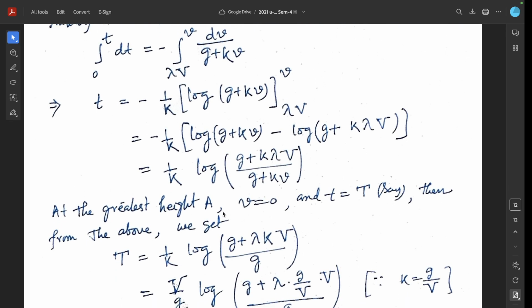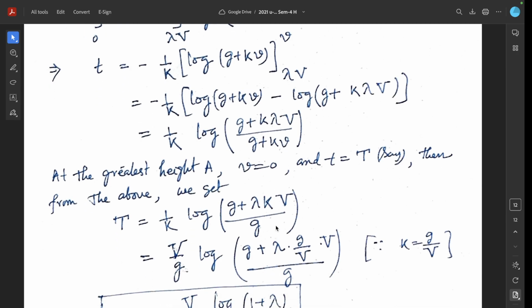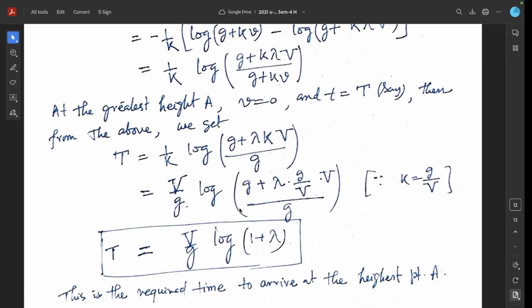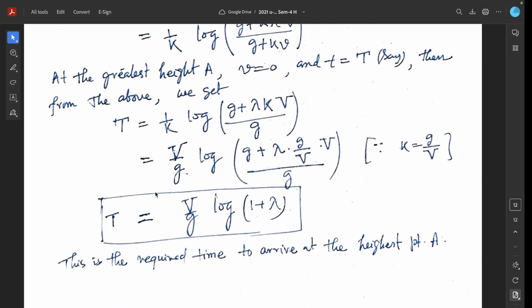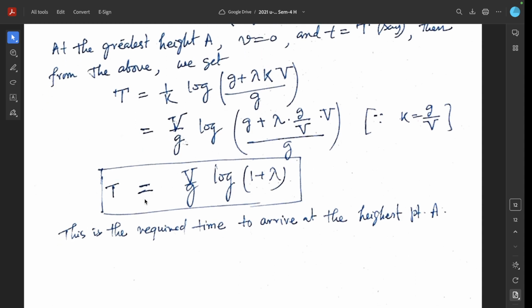At the greatest height A, when v equals 0 and t equals capital T, so we put t equal to capital T and v equal to 0. So we get the required time to attain the maximum height is V by g log of 1 plus lambda.